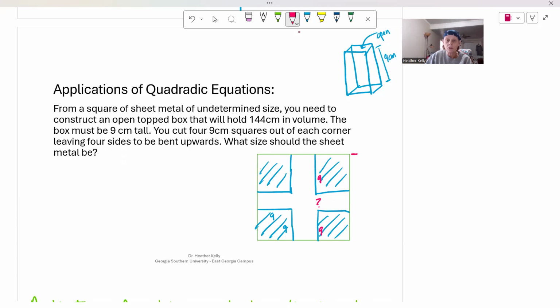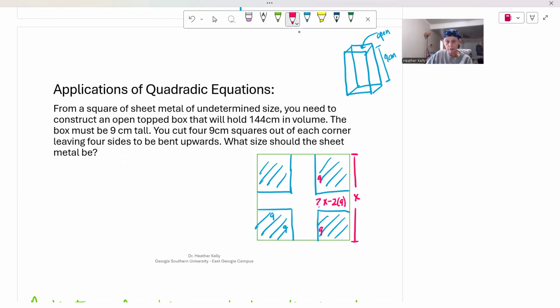If the length of this sheet, which we don't know, would be X length, then what is this? Well, this part right here is going to be X minus 2 times the 9. So X minus 2 of those 9s, which is the same thing as X minus 18.